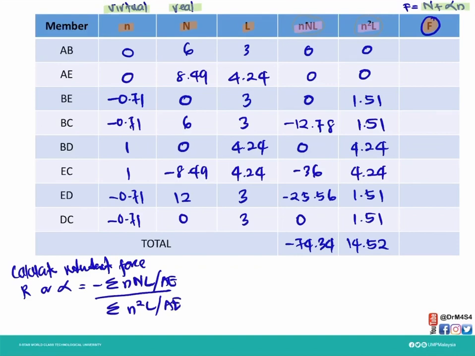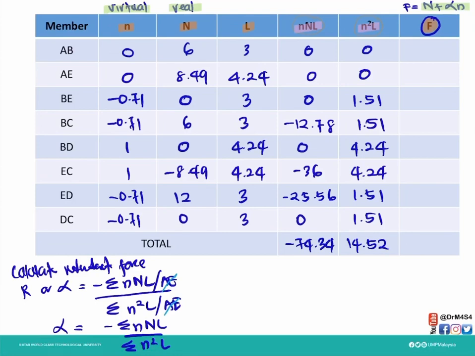Since our AE is constant, simply we can cancel it out. Then we have our alpha equal negative summation n N L divided by summation n square L.